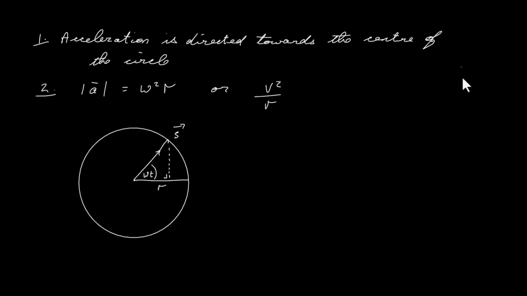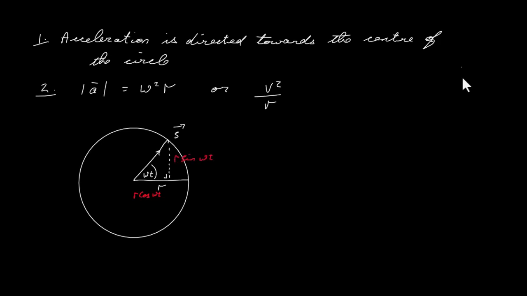So let's see, this distance along here, in our right angle triangle, is going to be r cos omega t, and then up along here this is going to be r sine omega t.